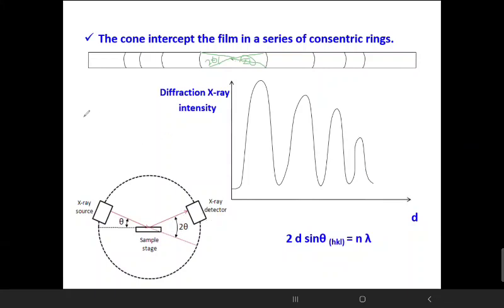If you consider this in the circle, at the center of the circle, this is 2 theta and this is 2 theta, altogether 4 theta. So that is the arc length S, and this is the radius R.